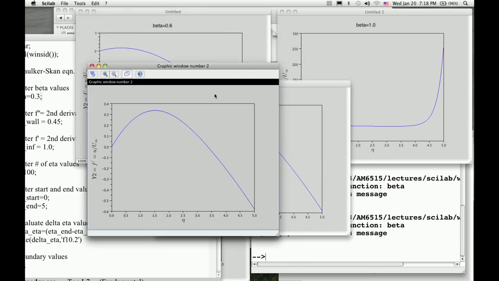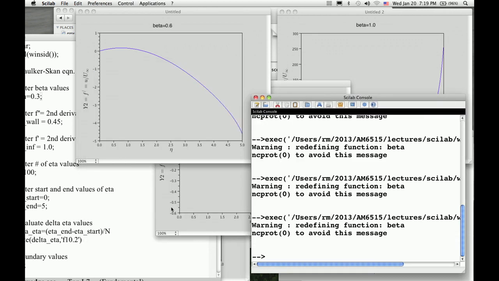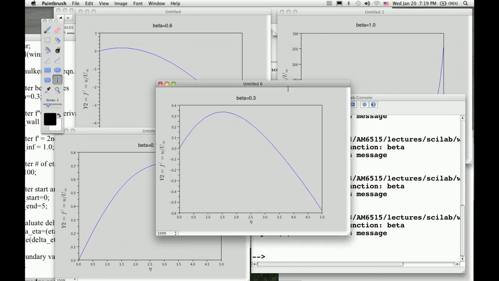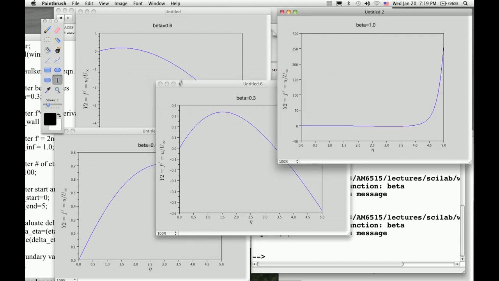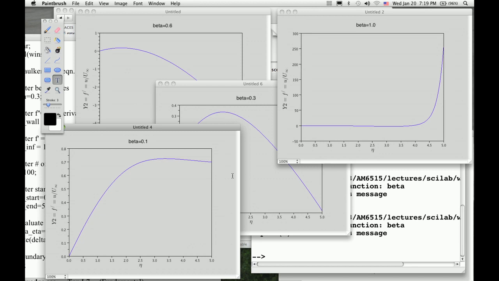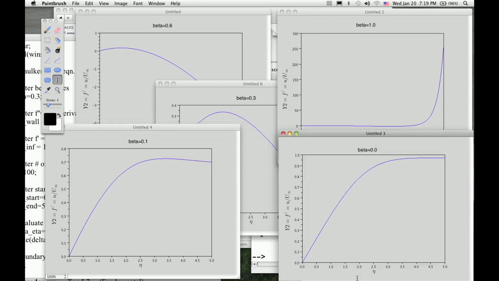So this is 0.1, okay, this is 0.3, this is 0.1, okay, and this of course is your 0.